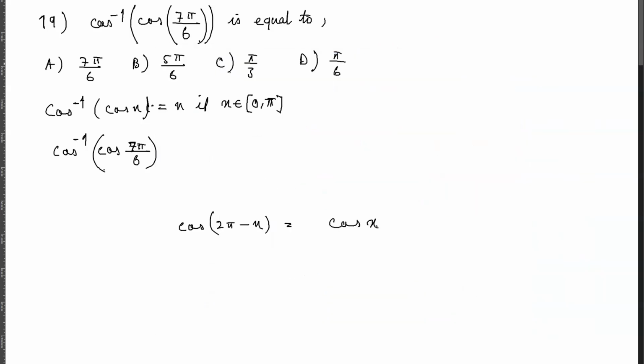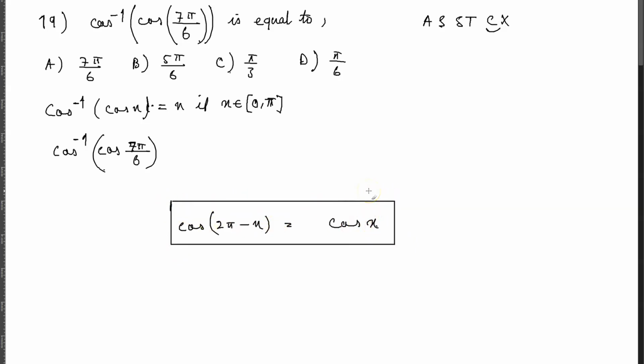The mnemonic we need to memorize here is AS for the first two cases, ST, and CX: ASSTCX. So the cos of 2 pi minus x is actually going to be equal to cos of x.